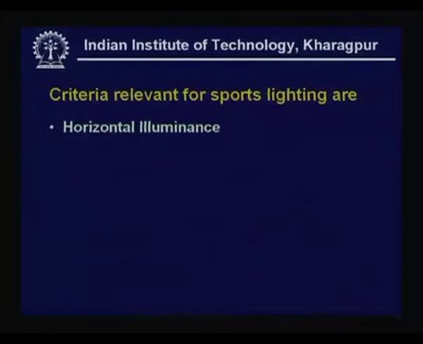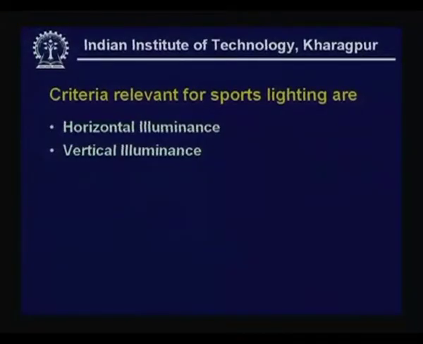The criteria relevant for sports lighting are: one, the horizontal illuminance, which is normally the lux levels on the play area. The vertical illuminance, because obviously we are looking at the movement of the players and the play object, typically a ball, and therefore the illuminance levels in the vertical plane become important.